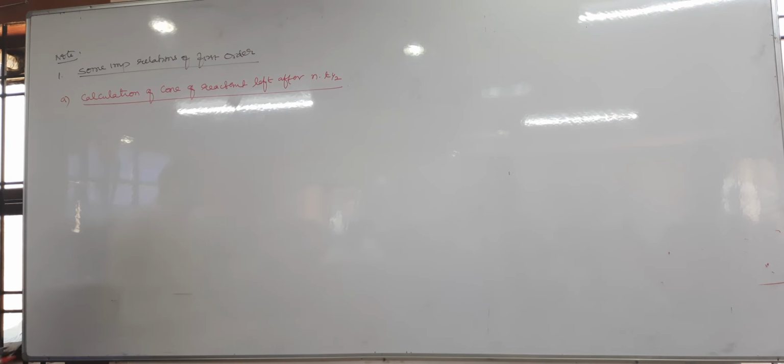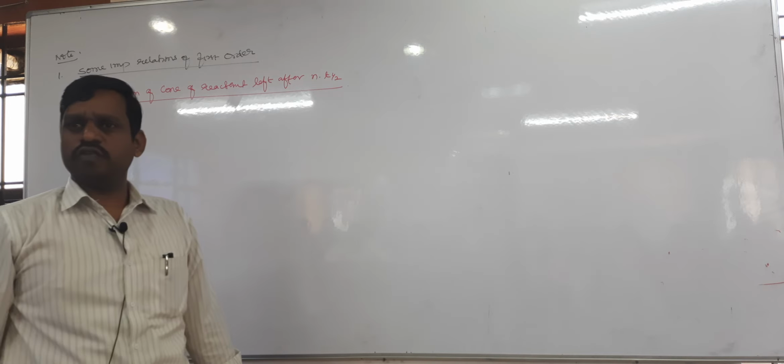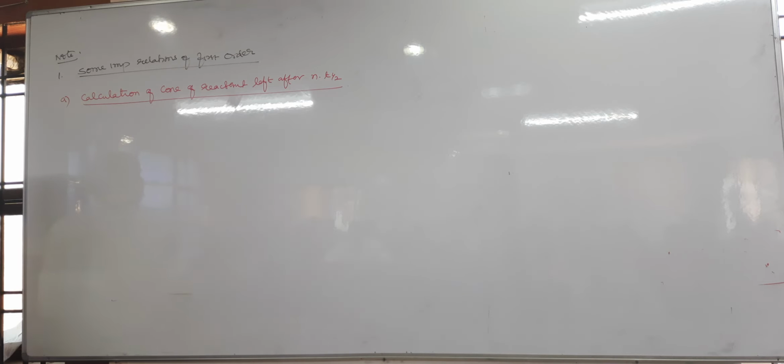Right, so calculation of the concentration of the reactant after n T half. N T half means 1, 2, 3 T half. Okay, how to calculate concentration of reactant after n T half?